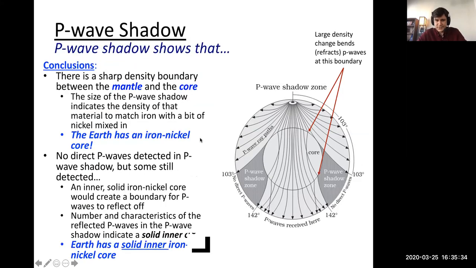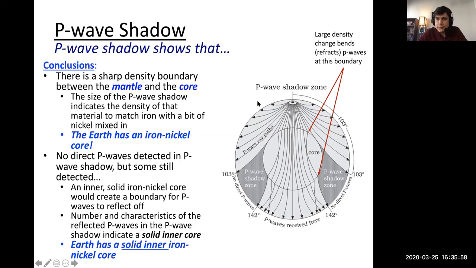All right, so let's go ahead and have a look. As these P waves are traveling, if there is a sharp density boundary, if this P wave is going to travel and go from one medium to a different medium, it's going to significantly bend. It will refract strongly at a sharp density boundary.